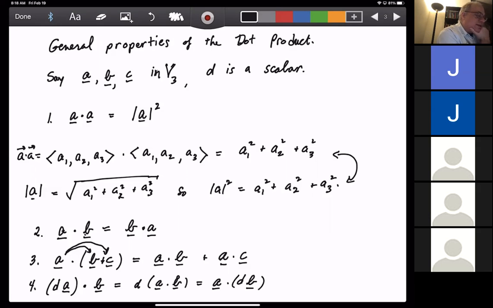And then there's a fifth property: the zero vector dotted with any vector A is always going to give you zero. Remember, the zero vector is the vector all of whose components are zero.